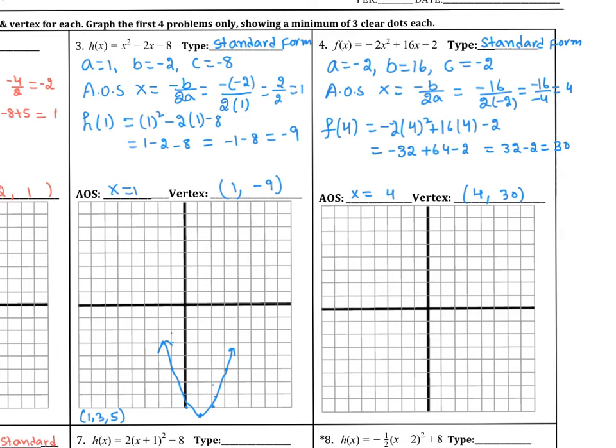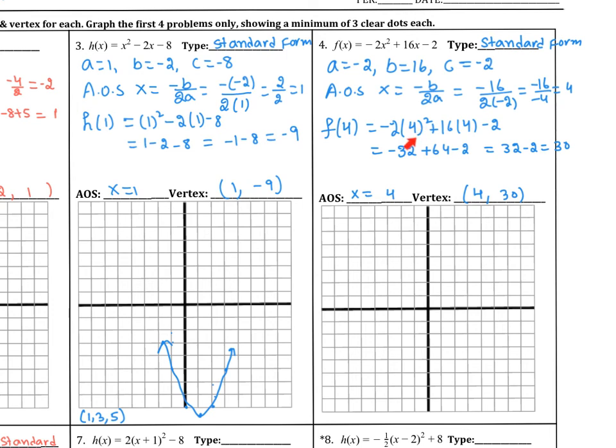For number 4, this is a standard form. A is -2, B is 16, C is -2. Axis of symmetry is -b over 2a. Use B as 16, A as -2. You're going to get -16 divided by -4, that is 4. So x equals 4. When you find the y value, you plug in the x value into the given equation.